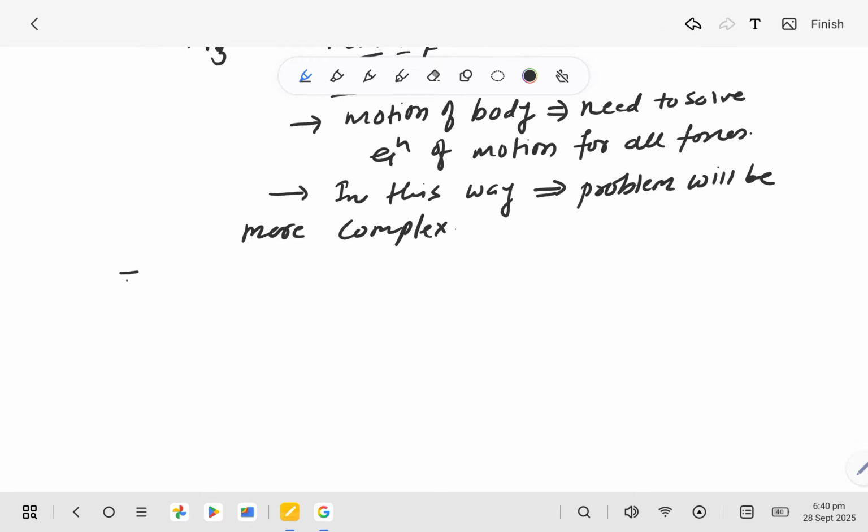So therefore we need to simplify this problem. Okay, so simplification of such a problem is needed.